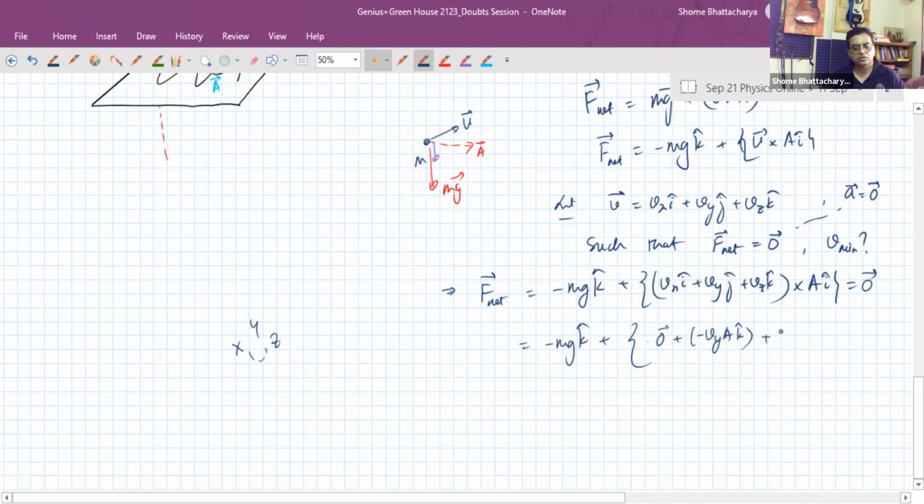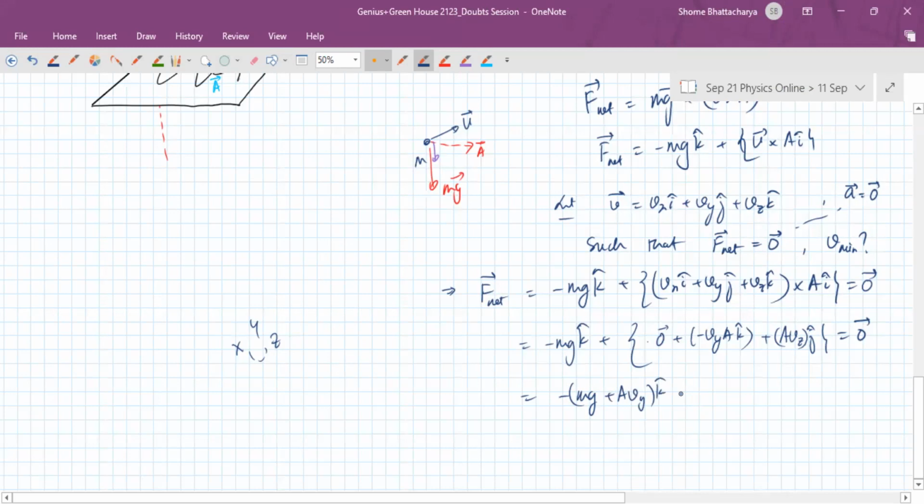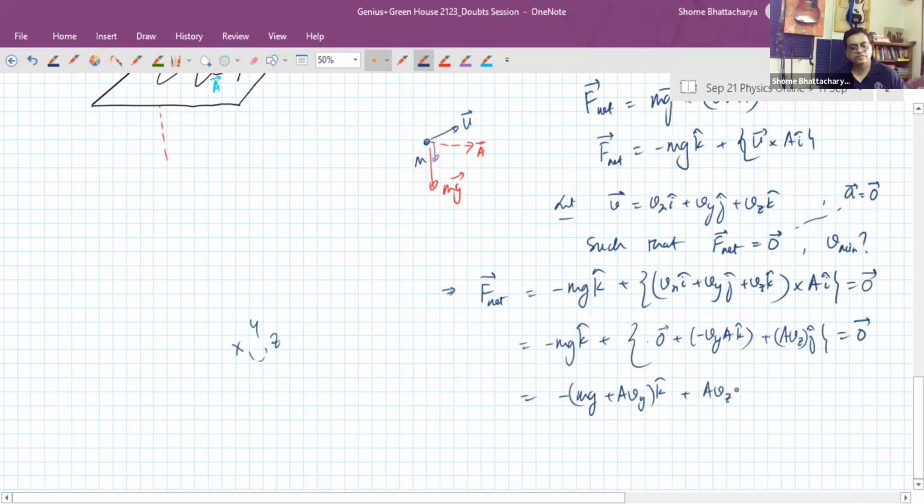So AVz j cap. So now put the vector together. You'll see you have minus mg minus AVy k cap, and plus AVz j cap, and this should be zero.